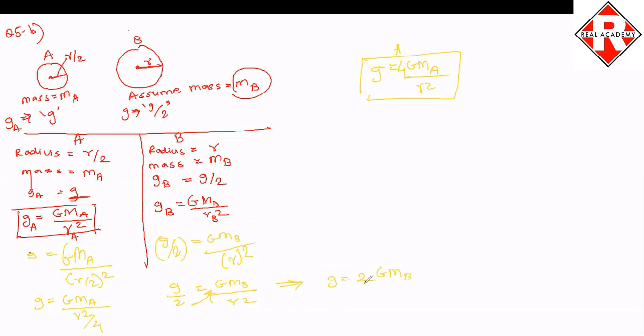Now for both the planets we know gravity will be same, correct? So you can see g and g. This g and this g will be same. So let's consider this as first and this as second. So equating 1 and 2.